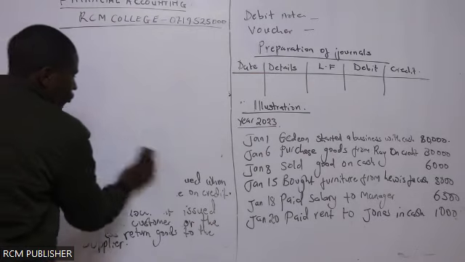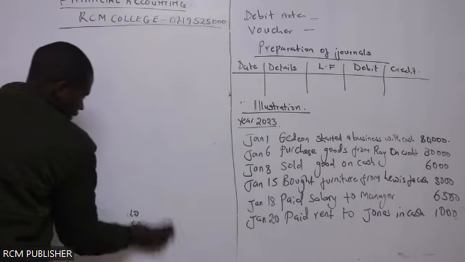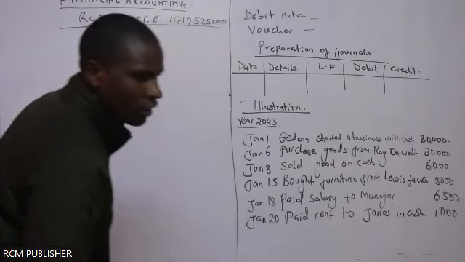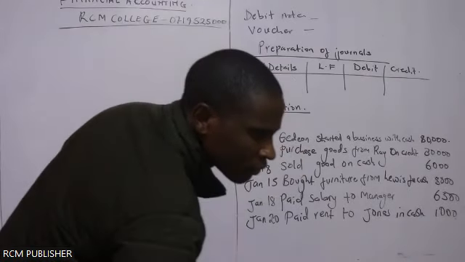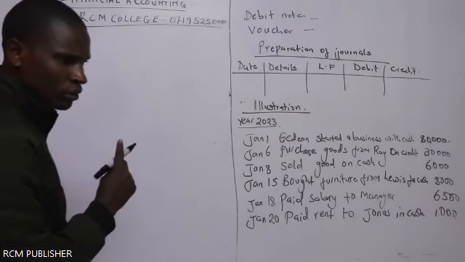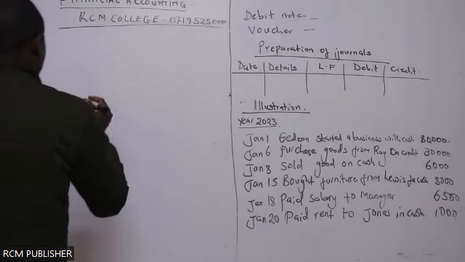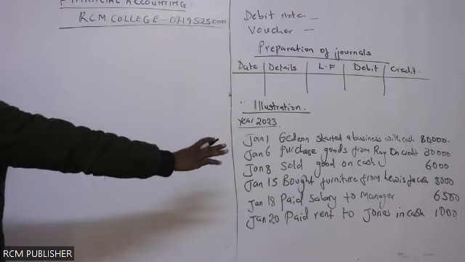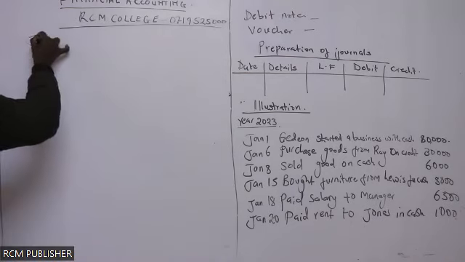So I've shown you how we prepare the journal, our format for the journal. Therefore, let's try. It's visible? Okay. So now we want to present that information in a journal.